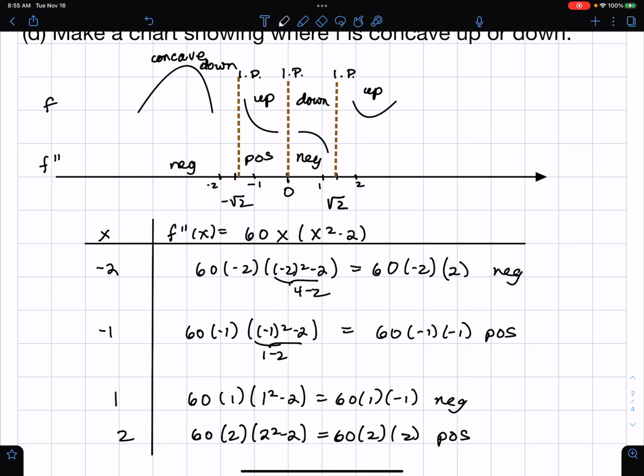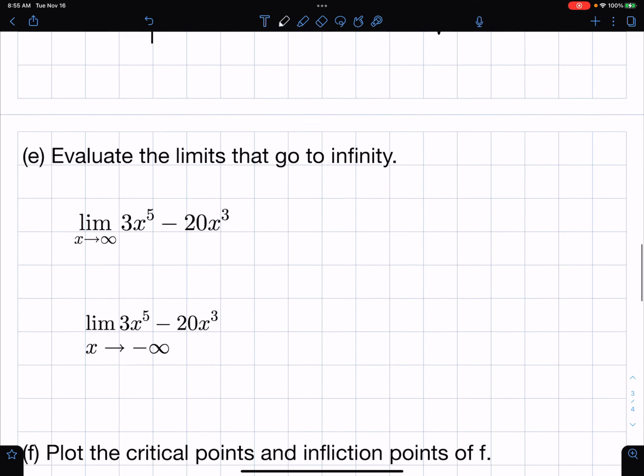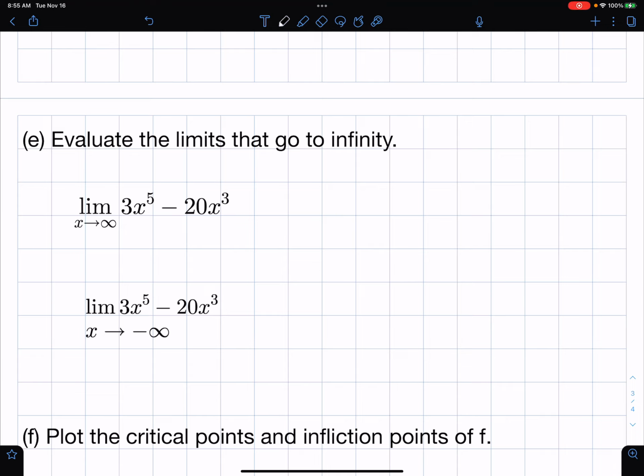Okay, now we're going to find these limits that go to infinity. These are polynomials, and polynomials behave like their highest degree term. So even though we have 3x to the 5th minus 20x cubed, when we find the limit as x goes to infinity of a polynomial, we just look at the highest degree term, which I like to write first.